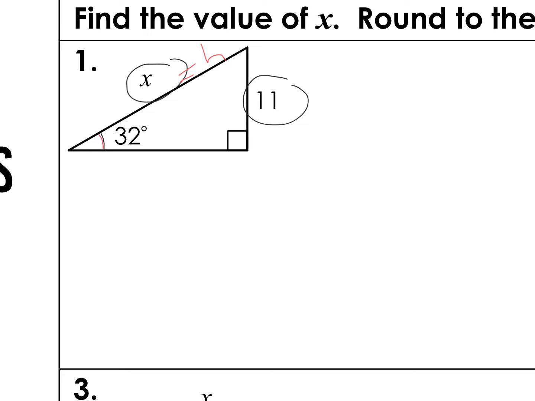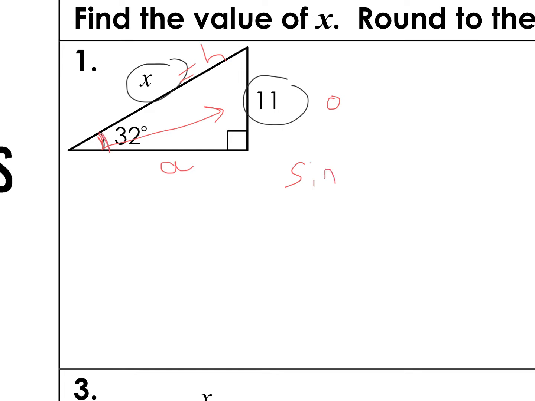Since across from 32 degrees is the 11, that would be my opposite side. Therefore, the side that's not labeled is my adjacent. I may or may not need that. So a trig function that connects 32 degrees with the x and the 11, since it's an opposite and a hypotenuse, I will use sine.